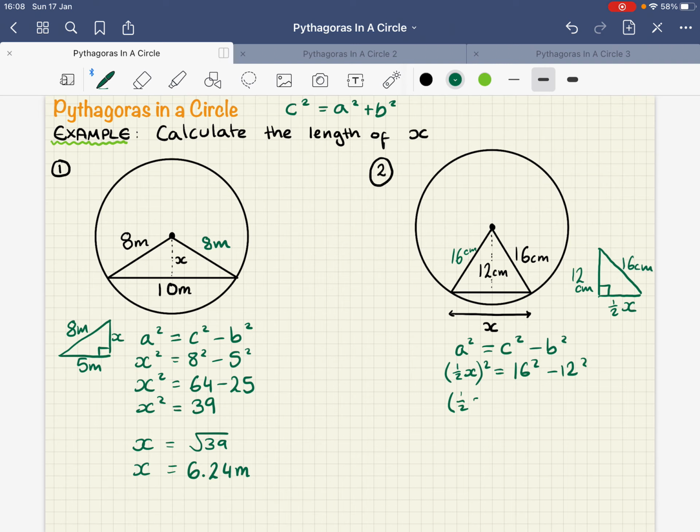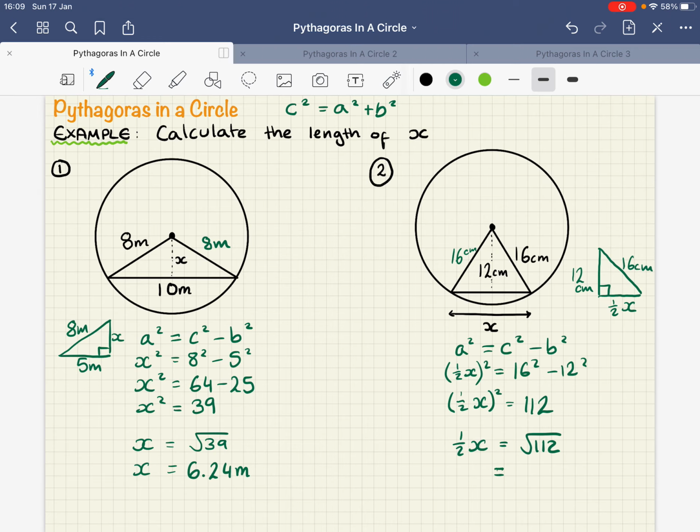And when I do all my squaring and my subtraction, that comes out to 112. So that means a half of x, that's going to be root 112.